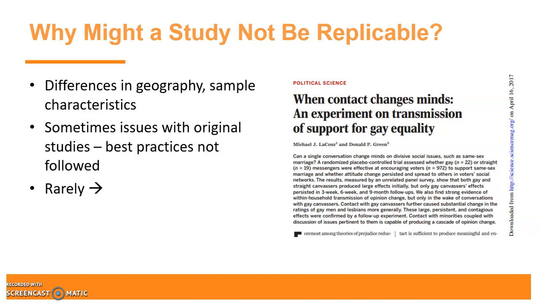So here's a relatively famous example. This was an article in Science, a very prestigious journal, showing that opinions can change drastically due to canvassing. This was later retracted because it was found that Michael LaCour, the main author, fabricated this data.